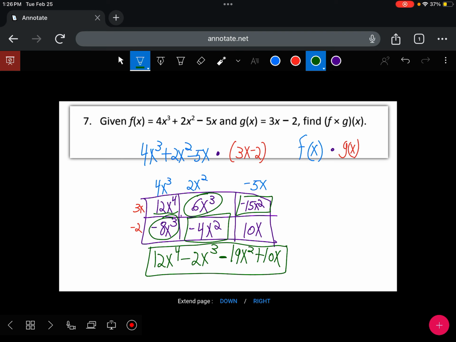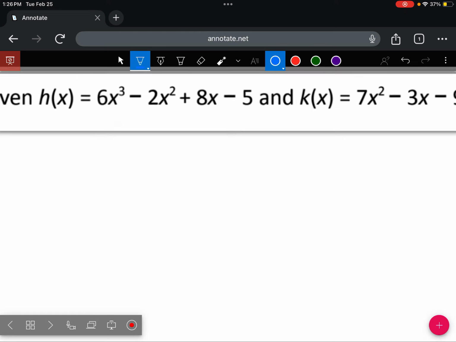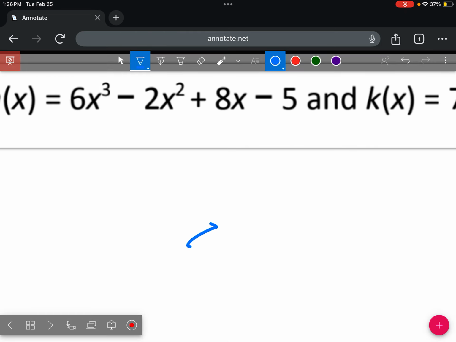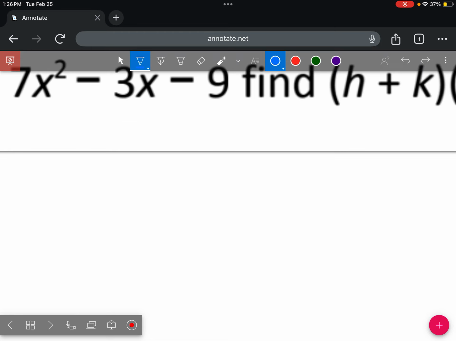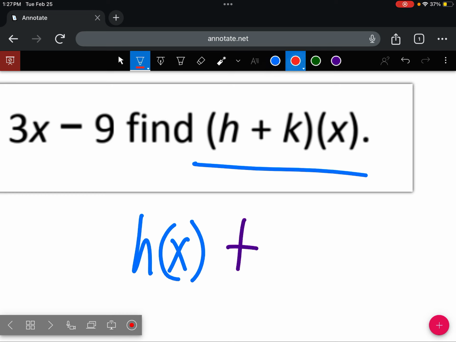So for number 5, guys, what does it tell you to do with them? Does it tell you to multiply? It tells you to add. So don't be making a big box. This tells us h of x plus k of x.